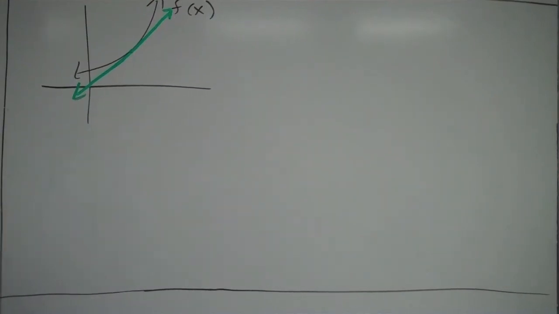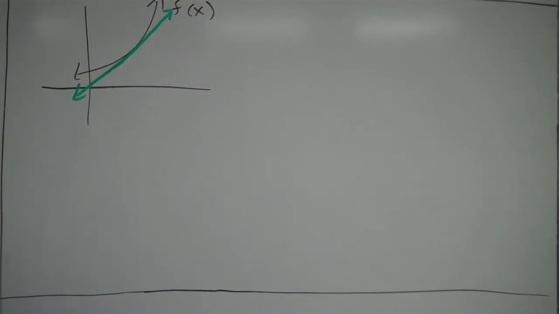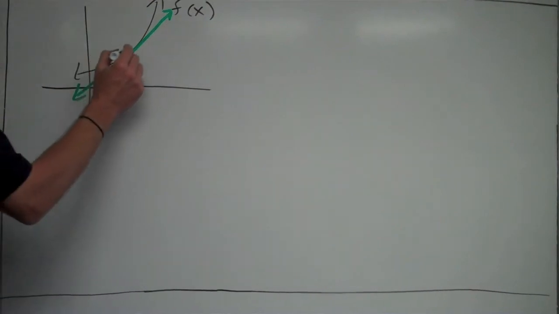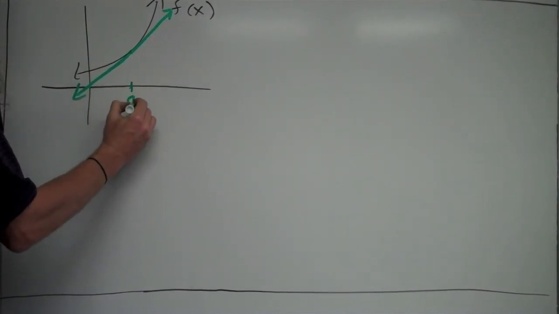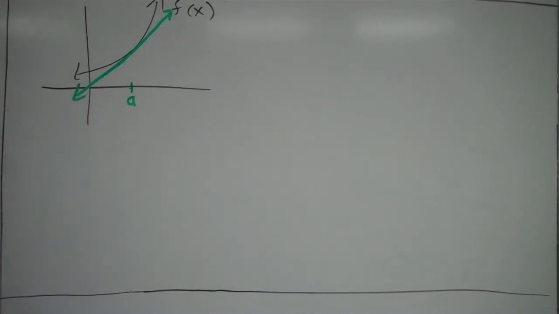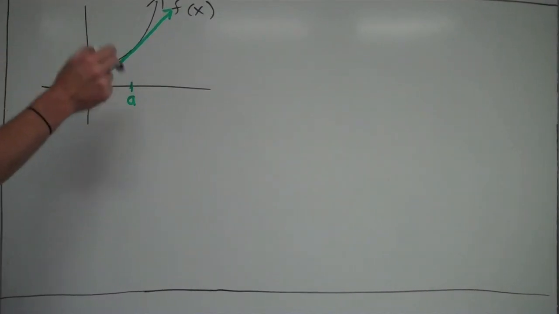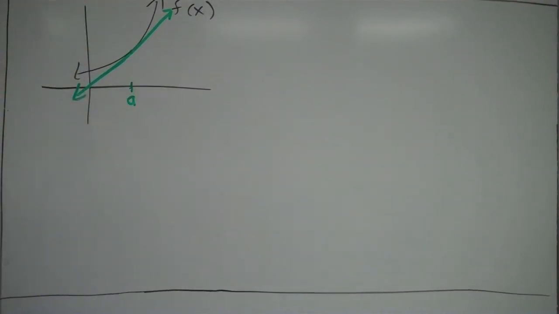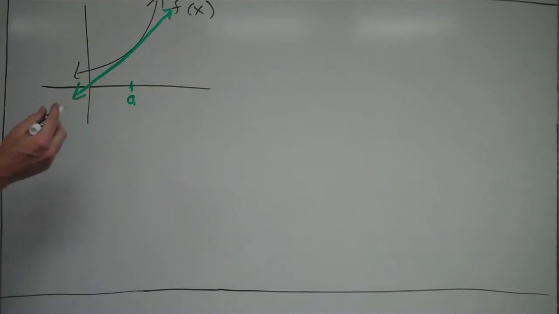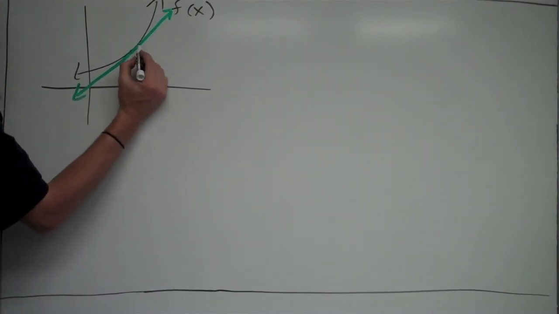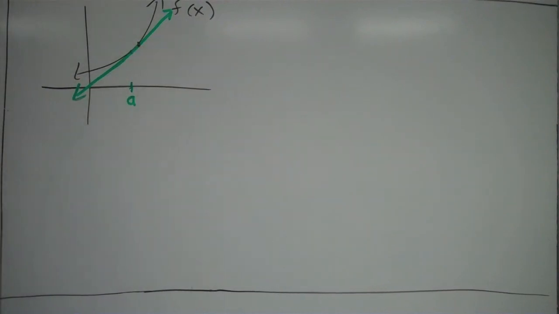The idea behind a tangent line approximation is that if you stay close to the point of tangency, let's call that x equals a, the y value on the tangent line and the y value on your function are very similar. Notice right here, the y value on the tangent line and the y value on the graph are very, very close to one another. Again, this is if you stay close enough to your point of tangency.